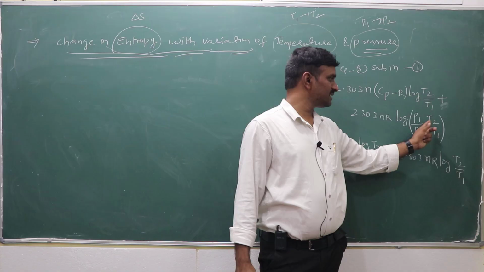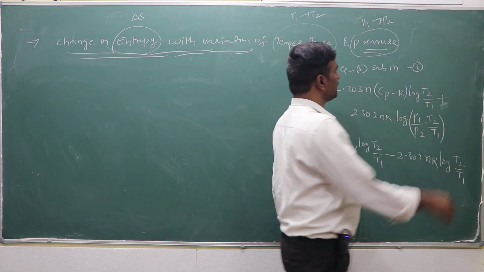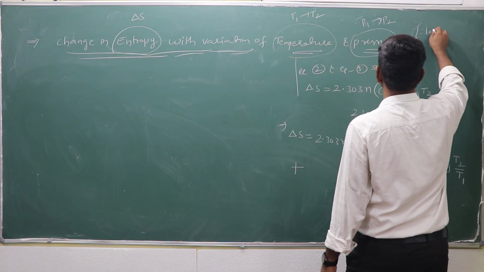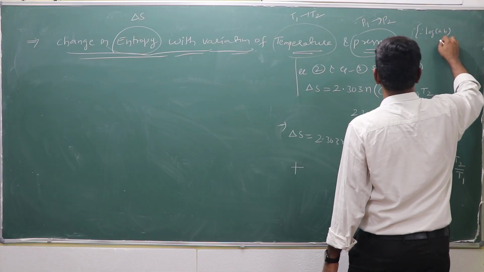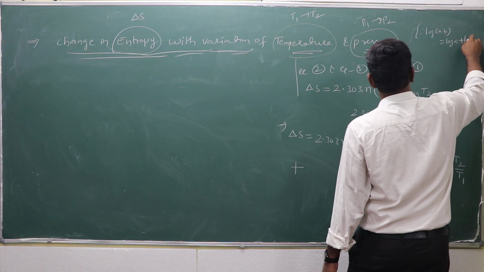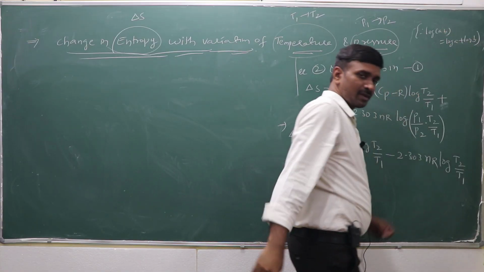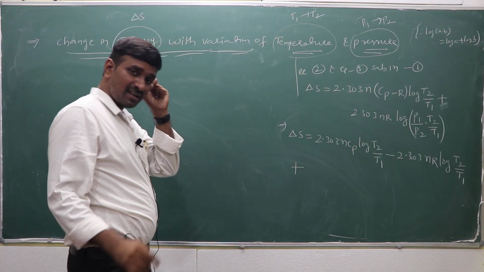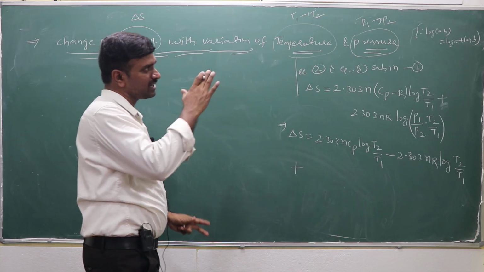This is considered as A, this is considered as B. The log A into B principle is: log A plus log B is log A into B, and log A minus log B is log A by B.